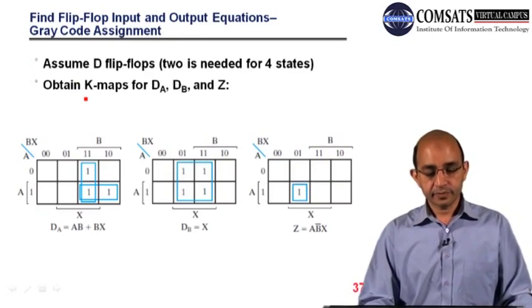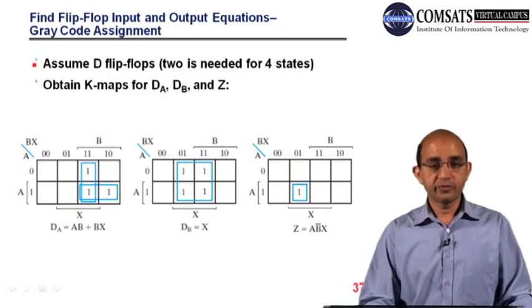And then what we need to do is choose the flip-flop. We have chosen D flip-flop here, and we have two flip-flops, or you can say that we have 4 states.